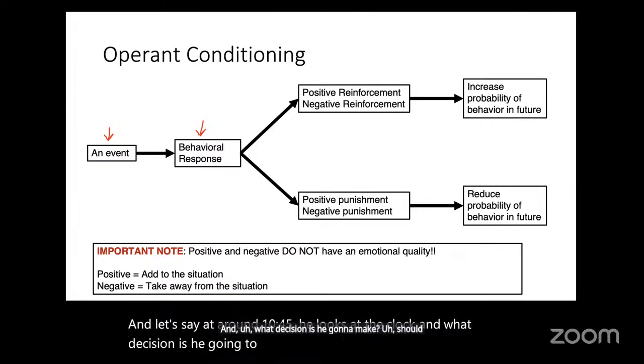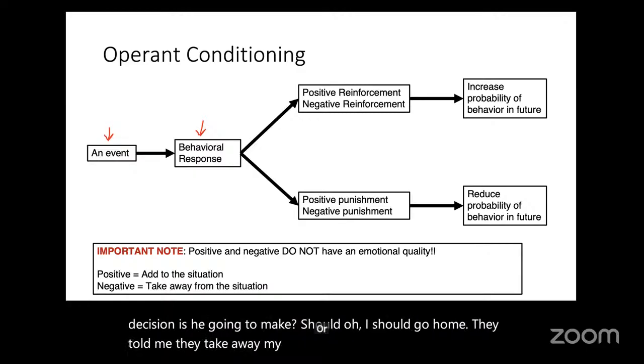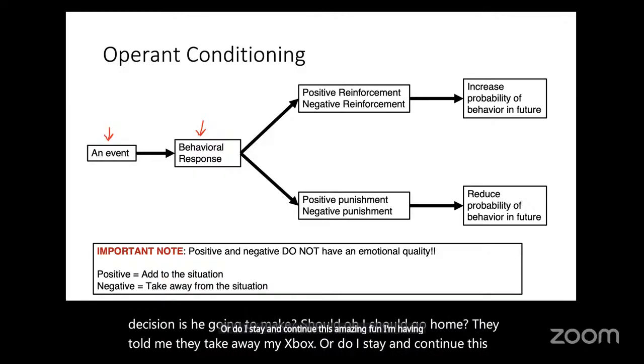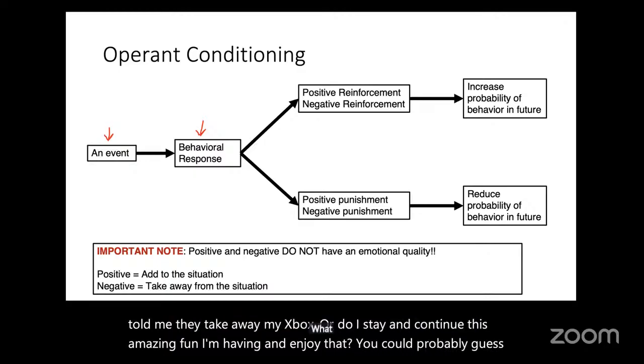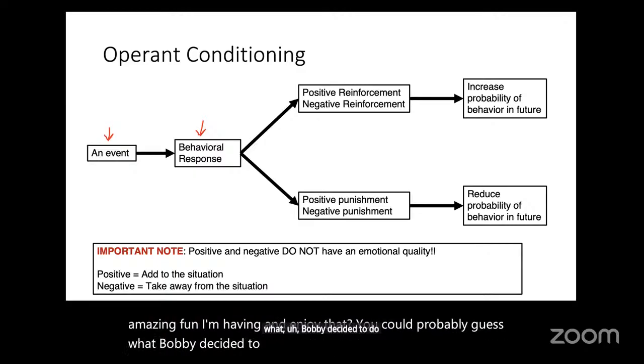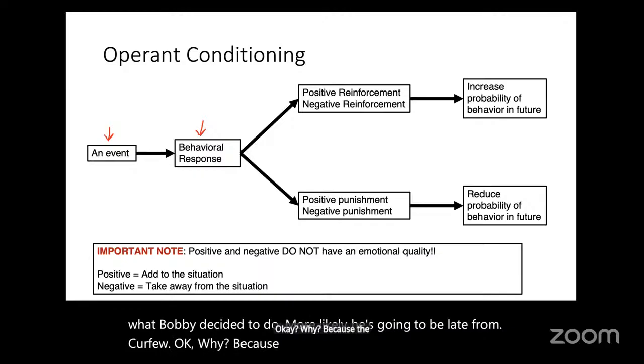I should go home. They told me they'd take away my Xbox, or do I stay and continue this amazing fun I'm having and enjoy that? You could probably guess what Bobby decided to do. More likely, he's going to be late from curfew. Okay. Why? Because the element of choice was given to Bobby.